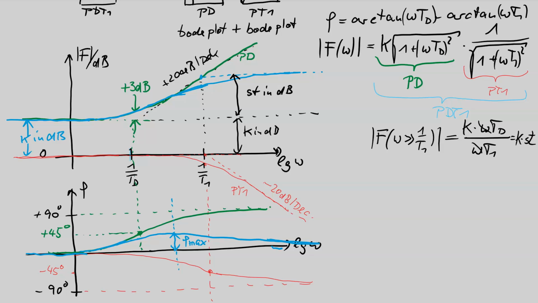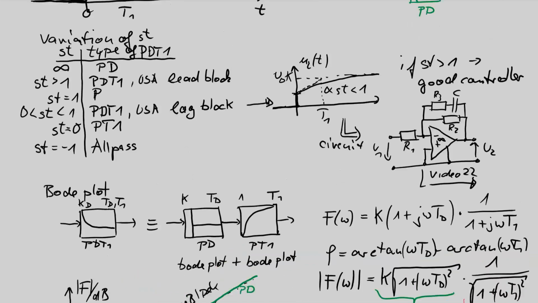In black I give you some values where we can see, okay, this is phi max. No, sorry. First, the question is on which parameters phi max depends on. Yeah, phi max is a phase maximum.